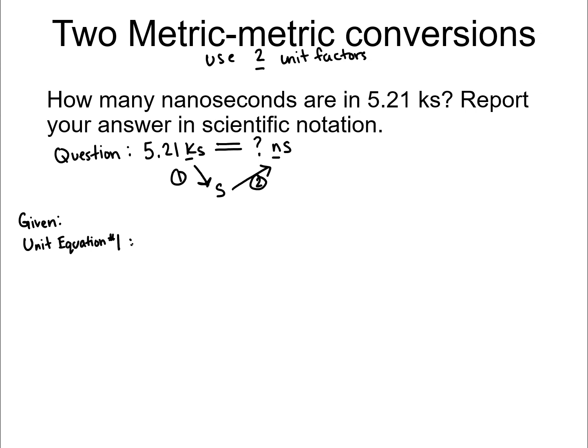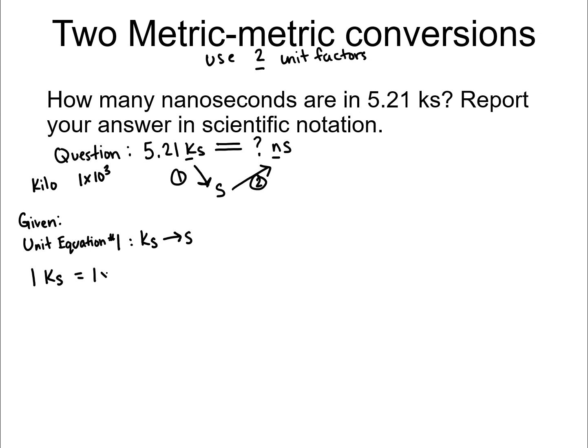Our first unit equation is going to be going from kiloseconds to seconds. If I have 1 kilosecond, kilo is 1 times 10 to the third.